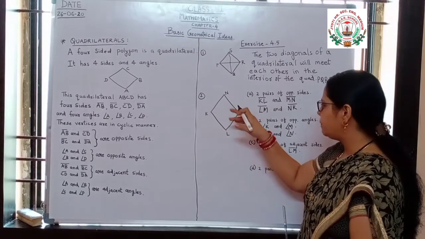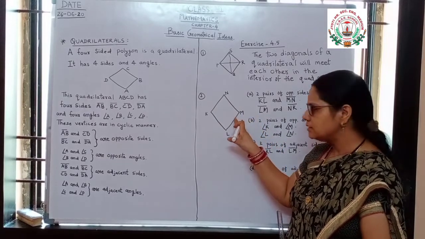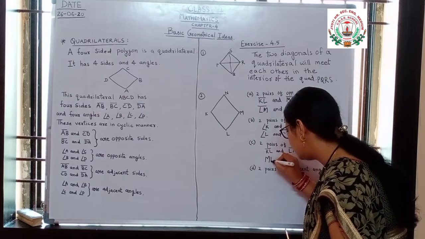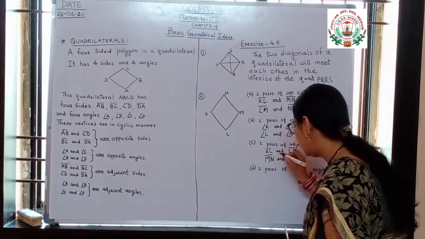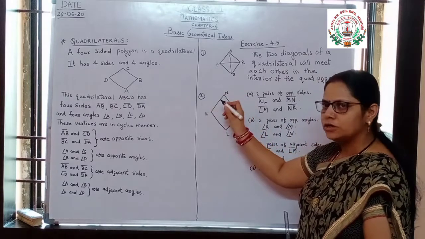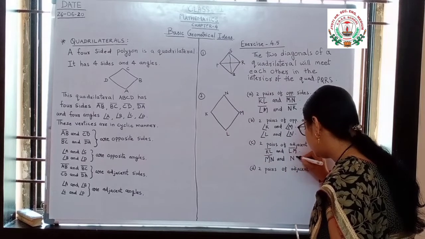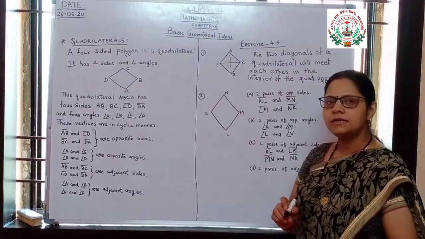And the next pair, LM already we have taken. If you want, you can take this. The next one we are taking MN and next adjacent to it is NK. These are the adjacent sides.